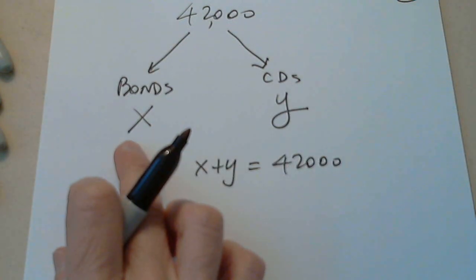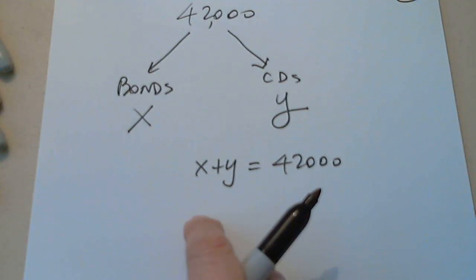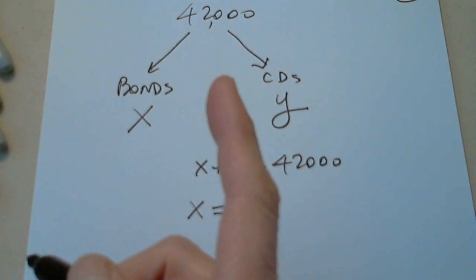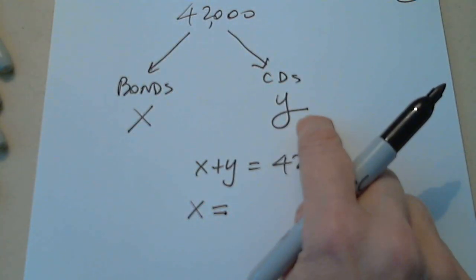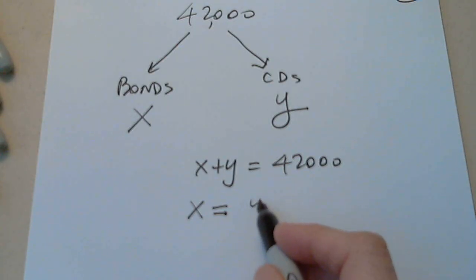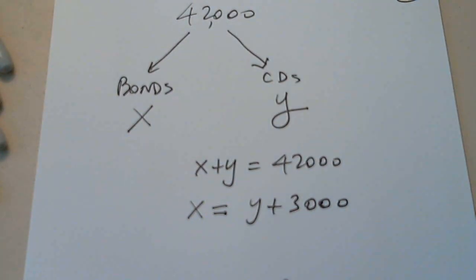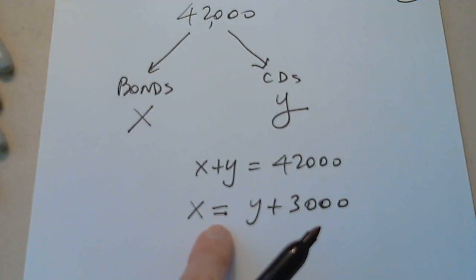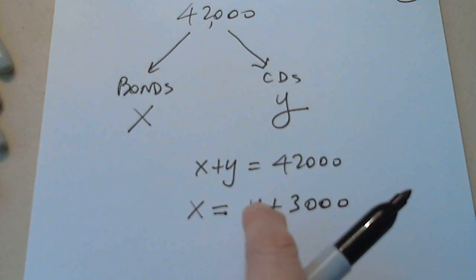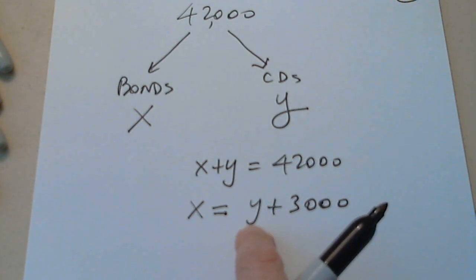The amount in bonds is, how do I start? X equals. Yes. To exceed the amount deposited in CDs by $3,000: Y plus 3,000. The amount in bonds is larger than the one in Y by 3,000.